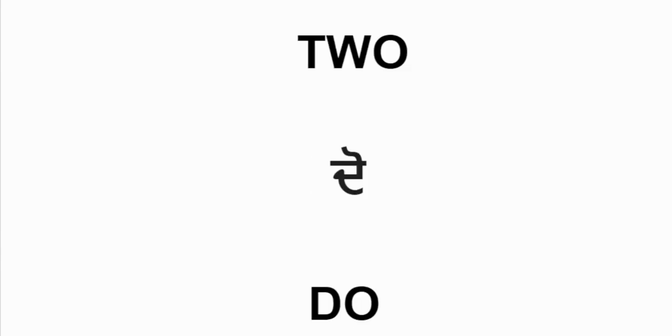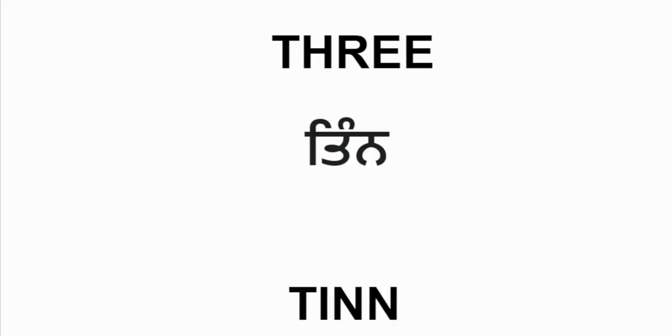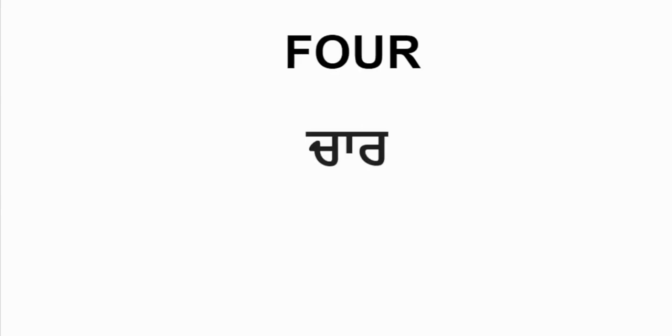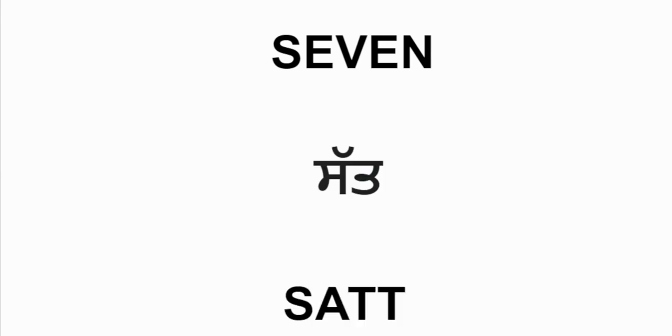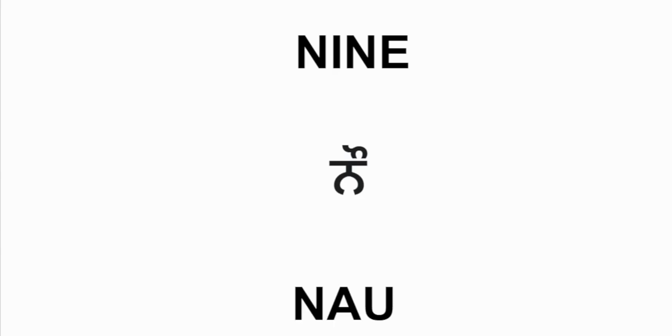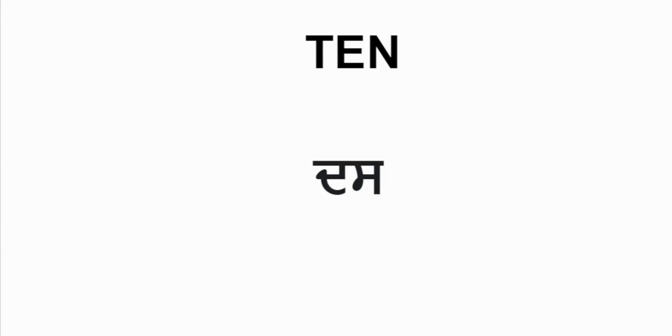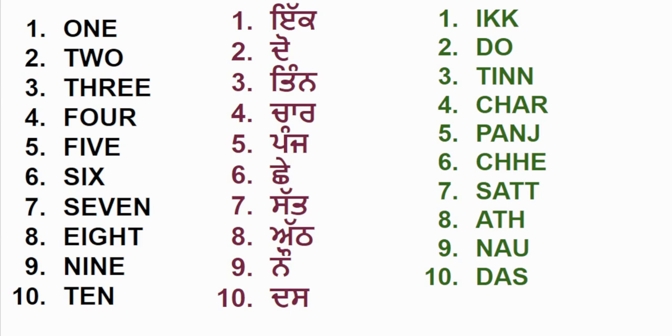In Punjabi it is ik. 2. दो. 3. ਤਿੰਨ. 4. ਚਾਰ. 5. ਪੰਜ. 6. ਛੇ. 7. ਸੱਤ. 8. ਅੱਠ. 9. 9. 10. 10. Okay, let's do it together.